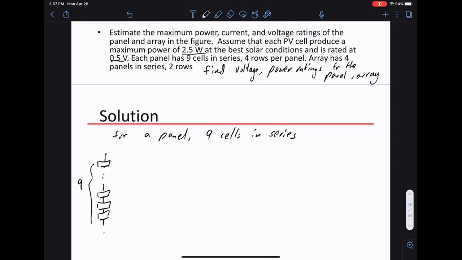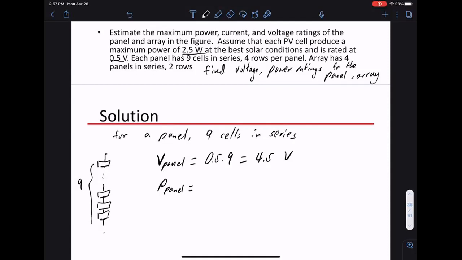Increase the voltage, right? Things in series must have the same current. So when you stack them, the voltage just goes up linearly, 0.5 times 9, so altogether you get 4.5 volts.